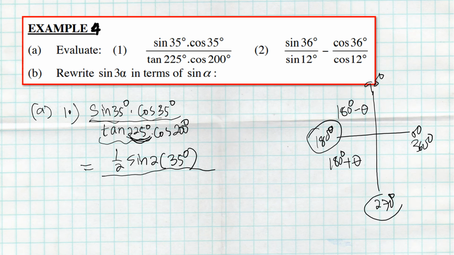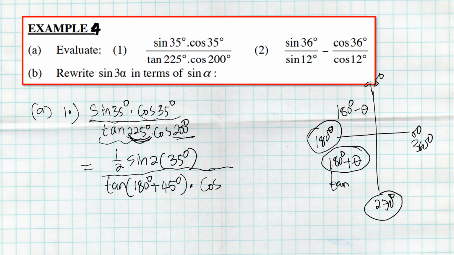It's between 180 and 270, and here we have tan, right? So we can rewrite it, and it's defined as 180 plus theta. It means tan 225 can also be written as tan of 180 degrees plus an angle, plus theta. We said 225 minus 180 gives you 45, so they added 45 on 180 to get 225. Okay, so we can write it like that, multiplied by cos 200. Let's check 200.